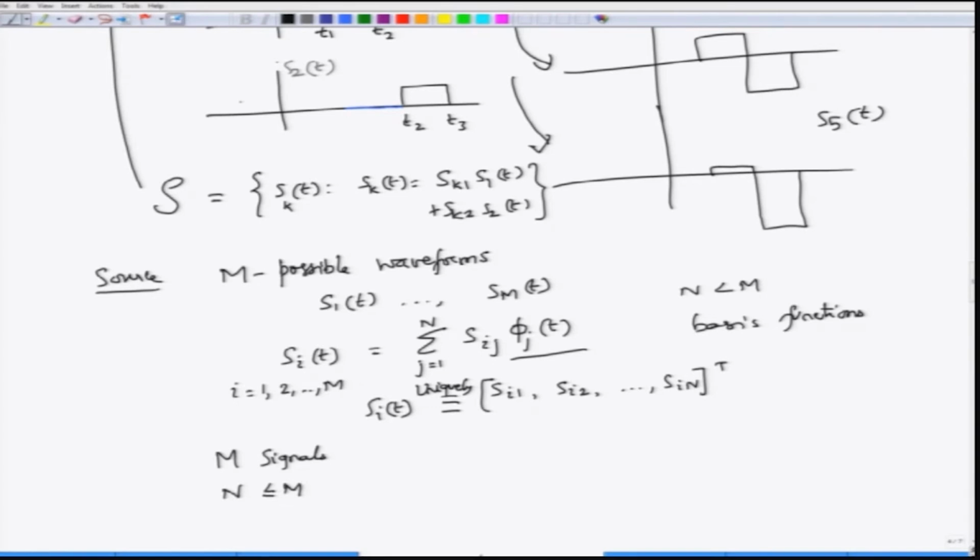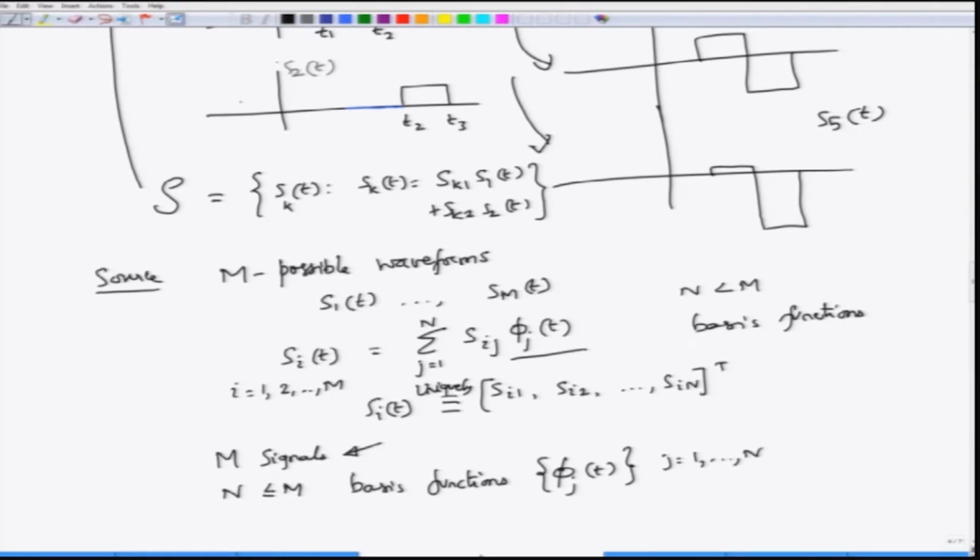Through these basis functions, I am able to expand or represent any of the m possible waveforms. These basis functions, let us call phi j of t, j equal to 1 through n.